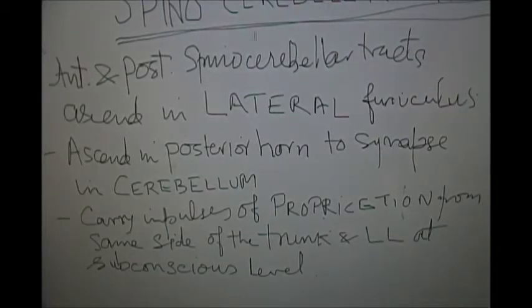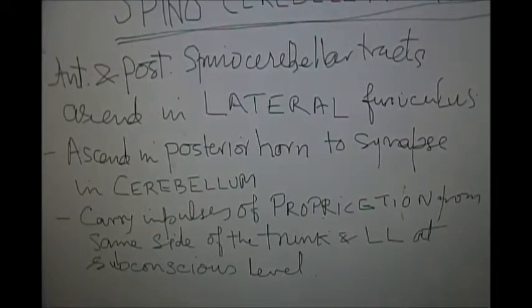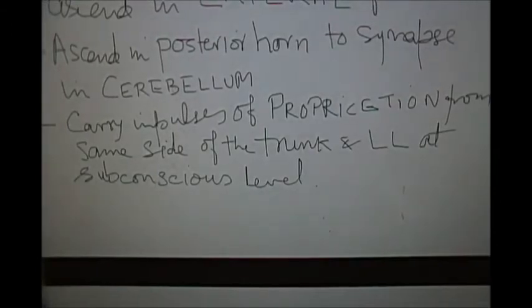Spinocerebellar tracts. The two types of spinocerebellar tracts are anterior and posterior spinocerebellar tract. They run ipsilaterally to the cerebellum. The spinocerebellar tract ascends in the lateral funiculus and ascends in the posterior horn to synapse in the cerebellum.